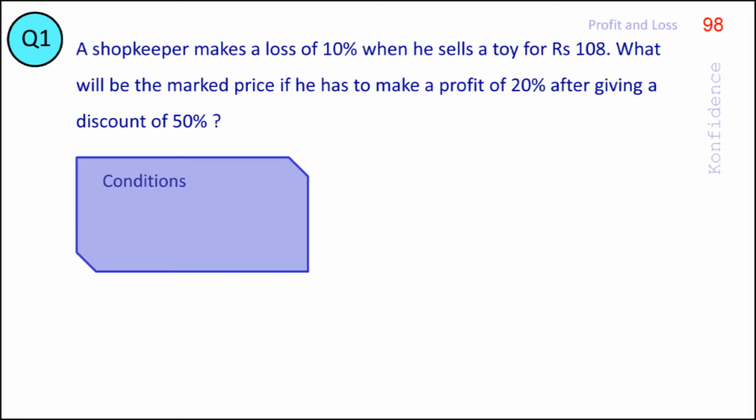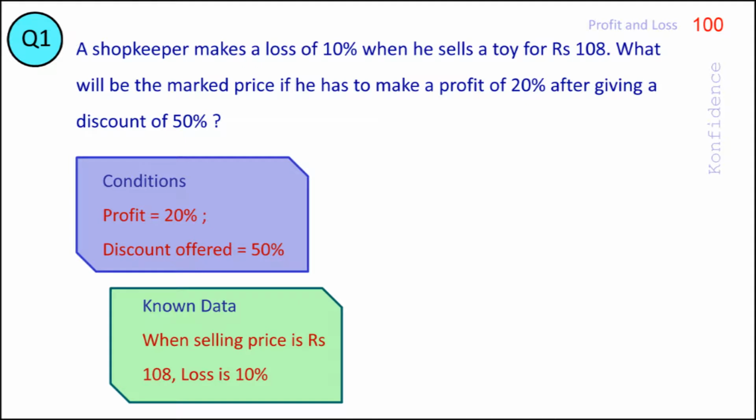The question asks us to find out the marked price MP under certain conditions. The condition is that there should be 20% profit and the discount given to the customer should be 50%.